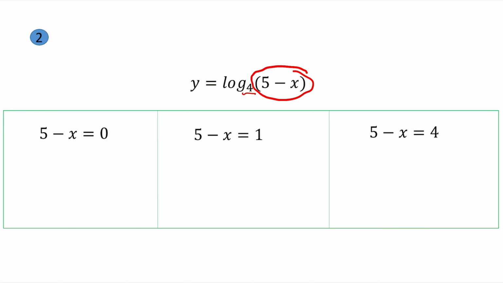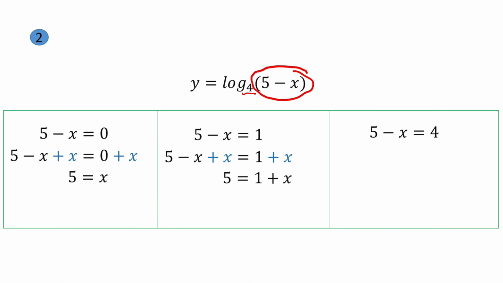And now, we will solve these equations. So 5 minus x is equal to 0. Apply APE. We will get 5 is equal to x, similar to x is equal to 5. Next, 5 minus x is equal to 1. Apply APE. So we will add positive x to both sides, and it will be 5 is equal to 1 plus x.